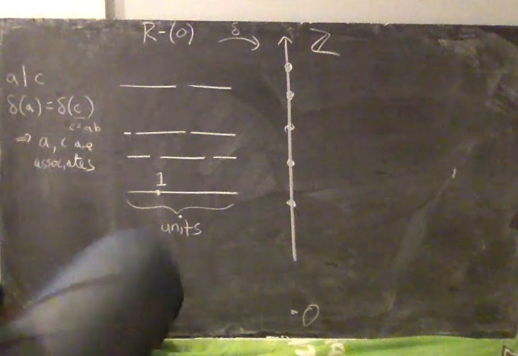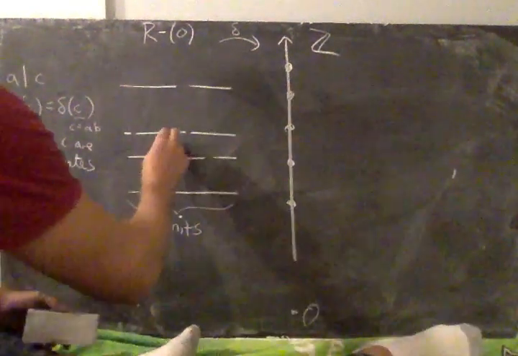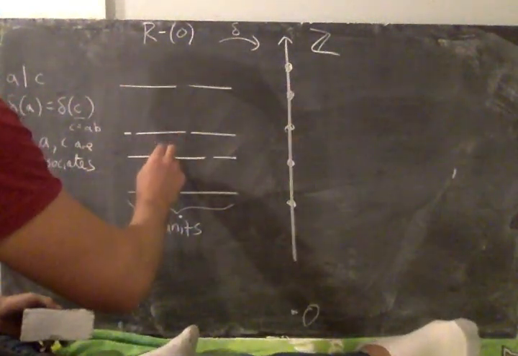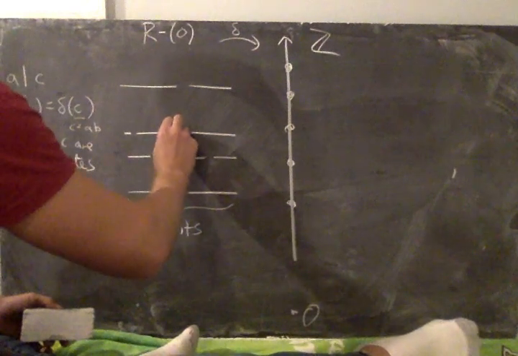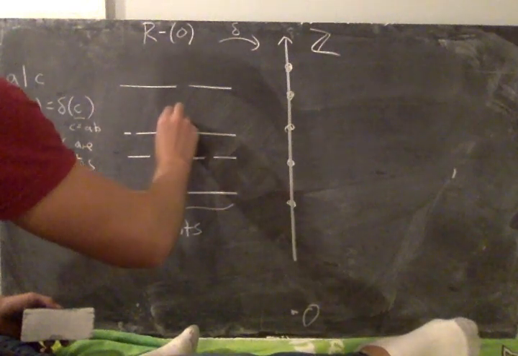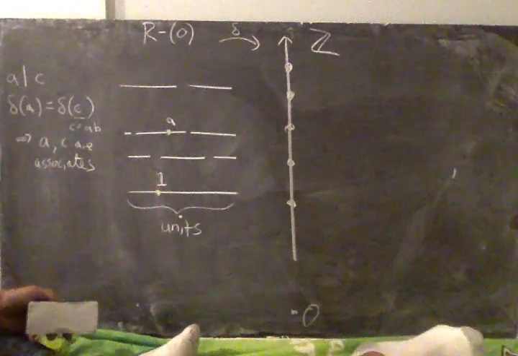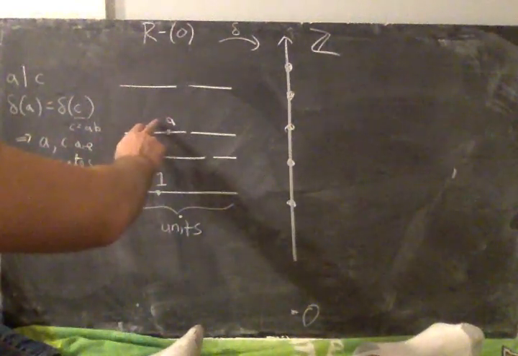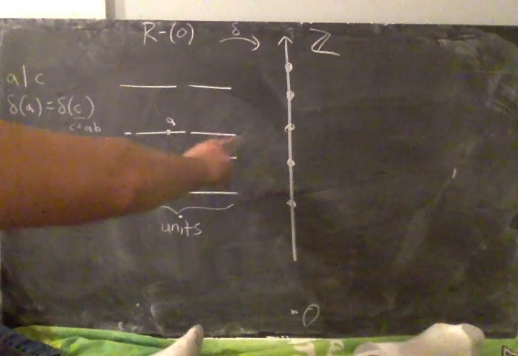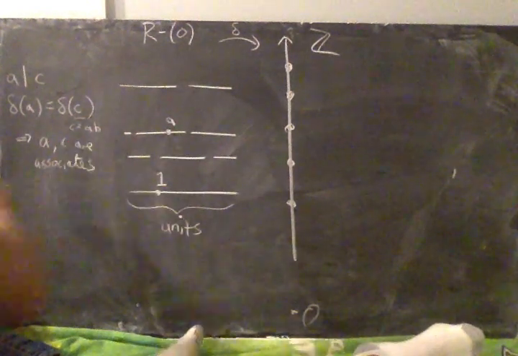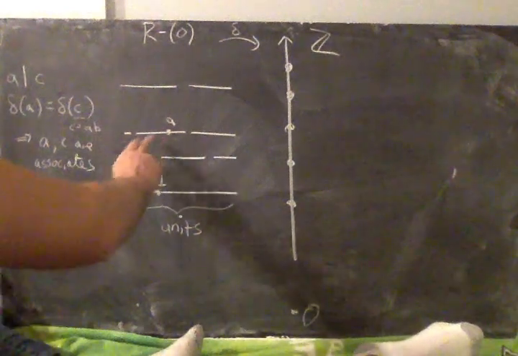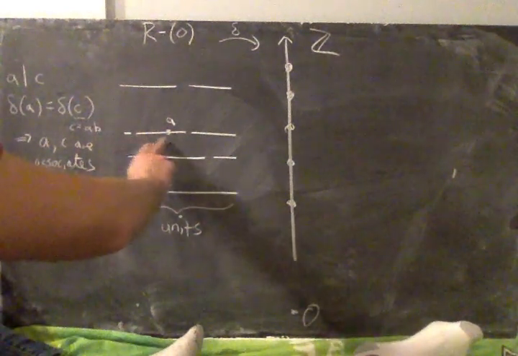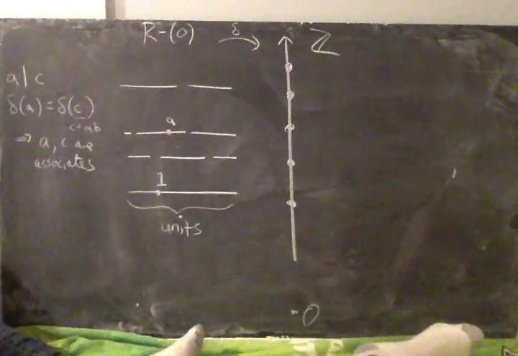So basically, if I start with A and multiply A by something, the only way I can remain at the same level is if that thing I multiplied by was a unit. And so that moves me around in the associates of A here.